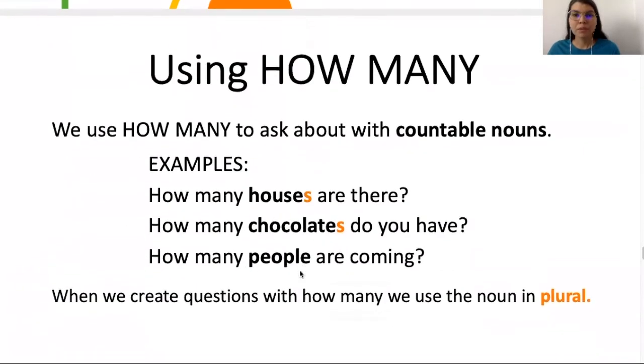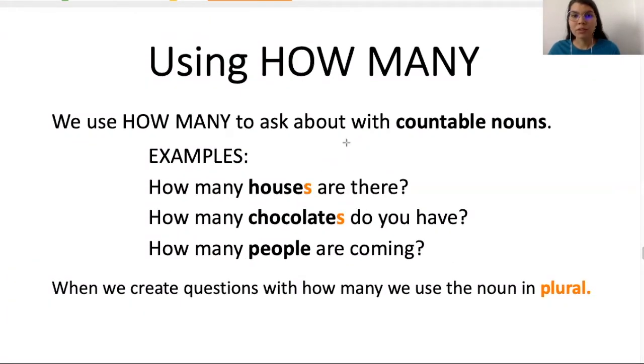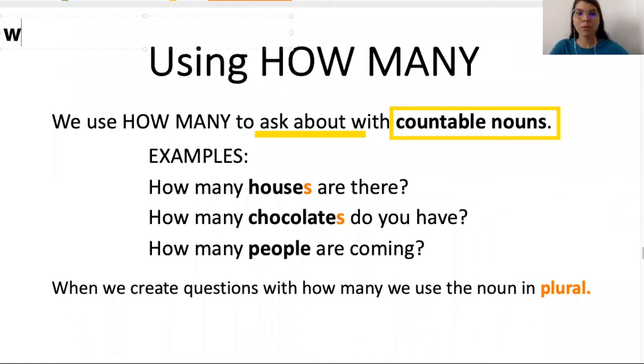So we use how many to ask about countable nouns. In previous lessons, we've looked at what is a noun, and a noun in English describes or expresses a person, an animal, a location, or an object.